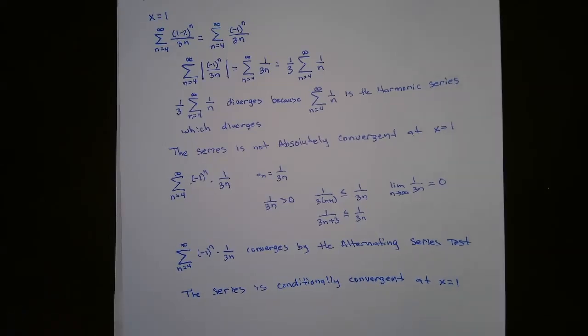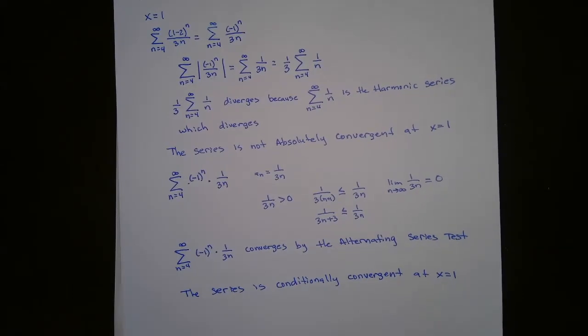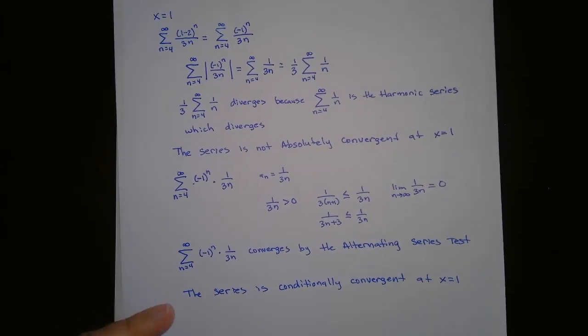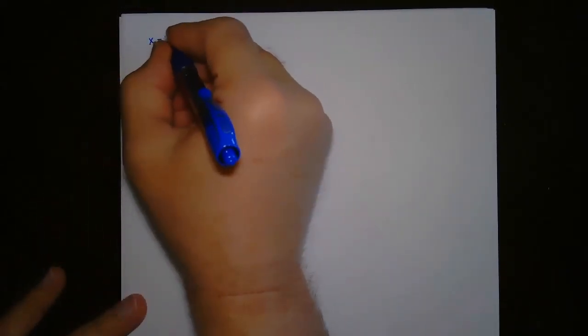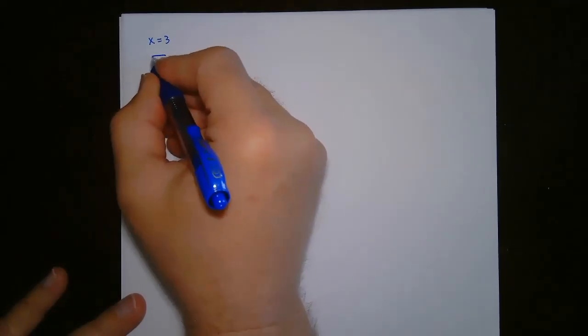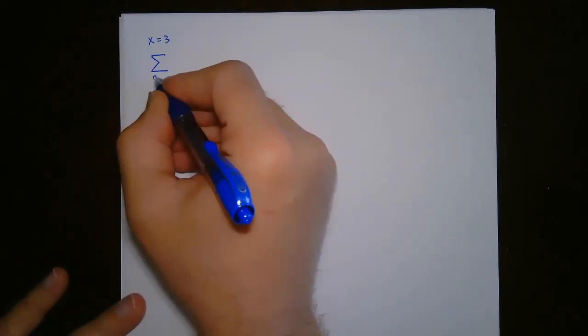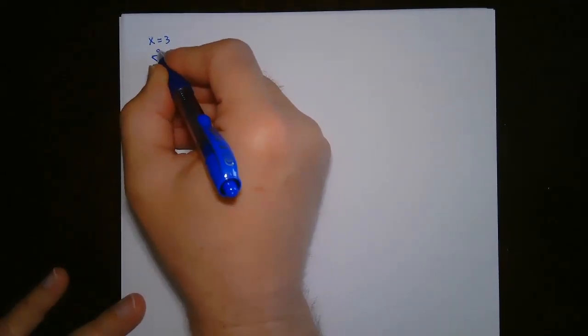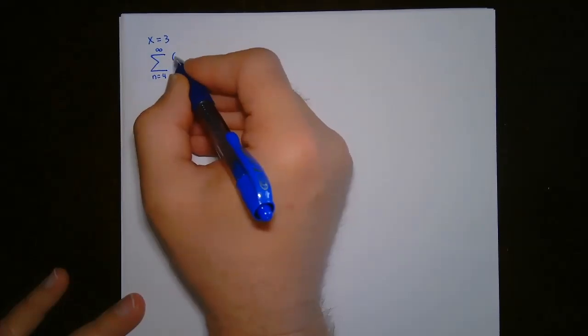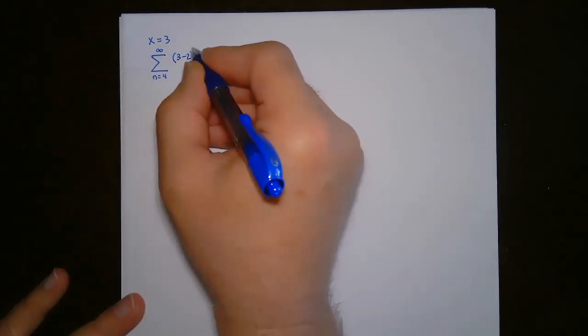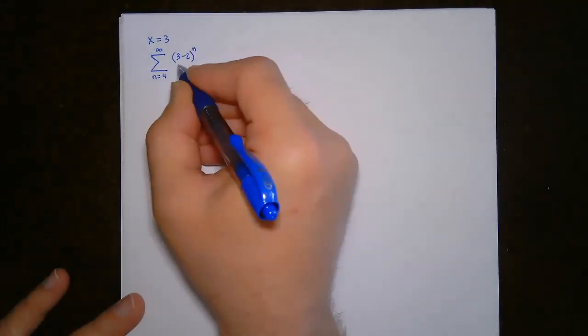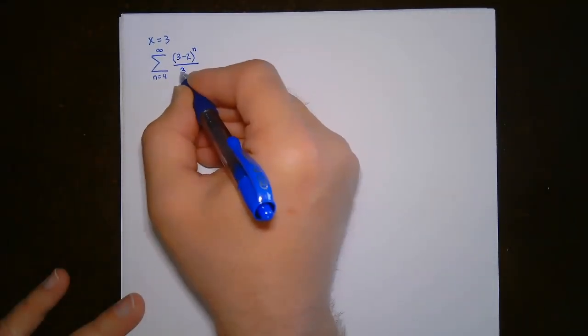Okay, all right, so I'm going to turn the page and I'm going to do the next one at x equals 3. Okay, at x equals 3, we have sigma n equals 4 to infinity of, and this time we're going to have 3 minus 2 to the n power over 3n.